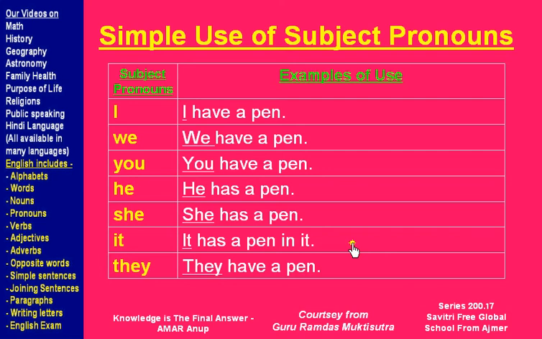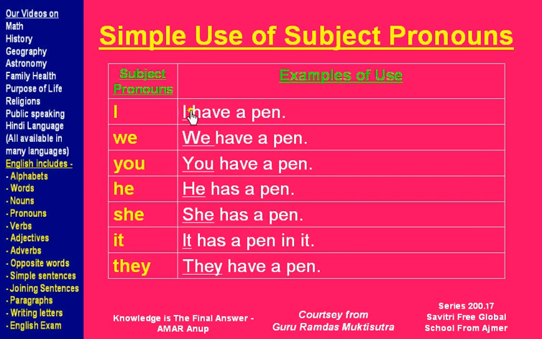It has a pen in it. They have a pen. So here we saw these are subject pronouns, and here we see that they are forming the subject part of the verb. Have is the verb here, and a pen is the object.